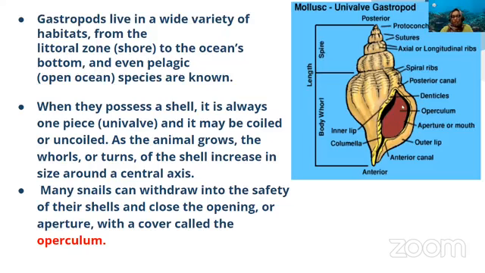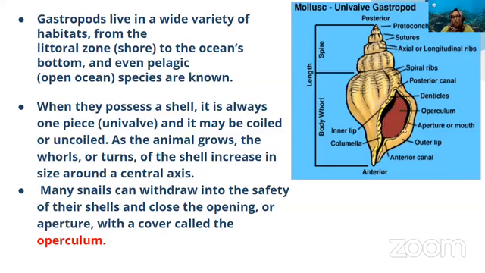When the snail or these gastropods withdraw their body parts, the internal organs that they put out, during any danger, for safety they withdraw the body part inside the shell, and this operculum can act as a window to close the internal body part without being damaged.